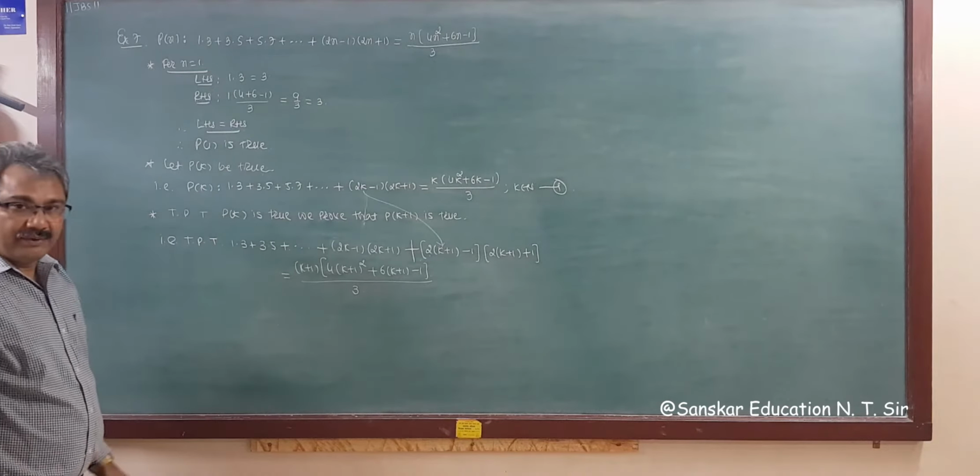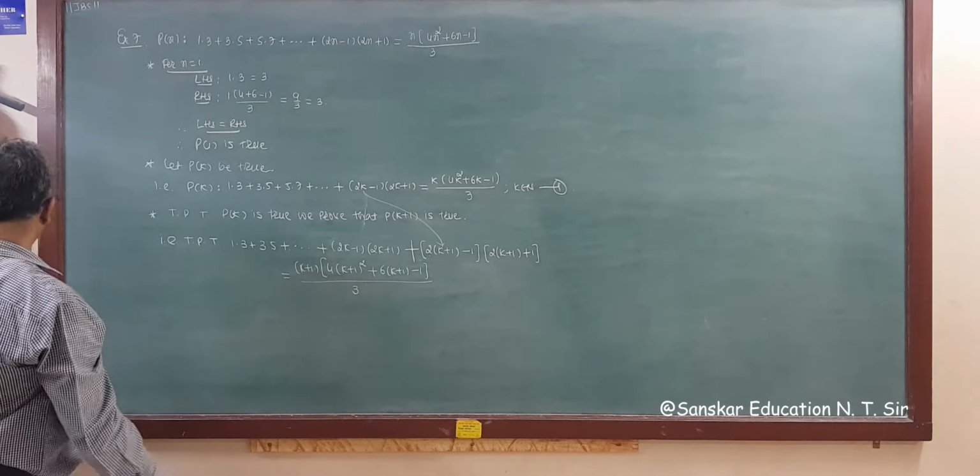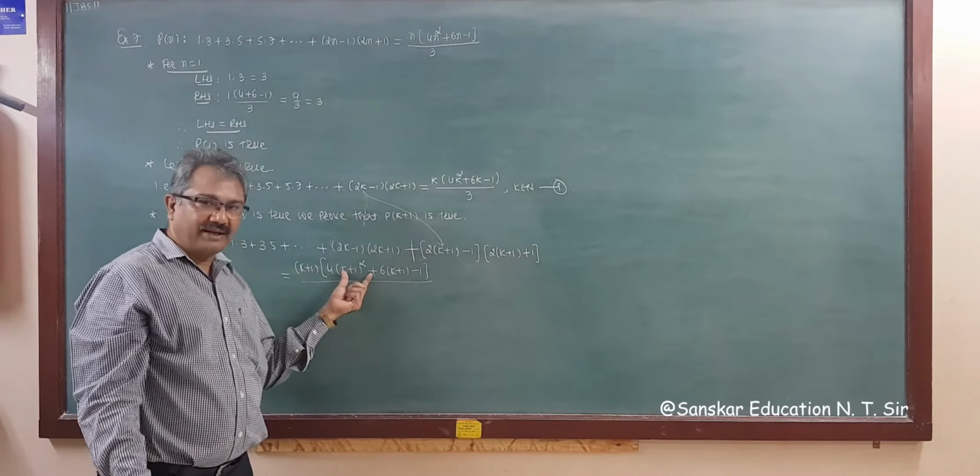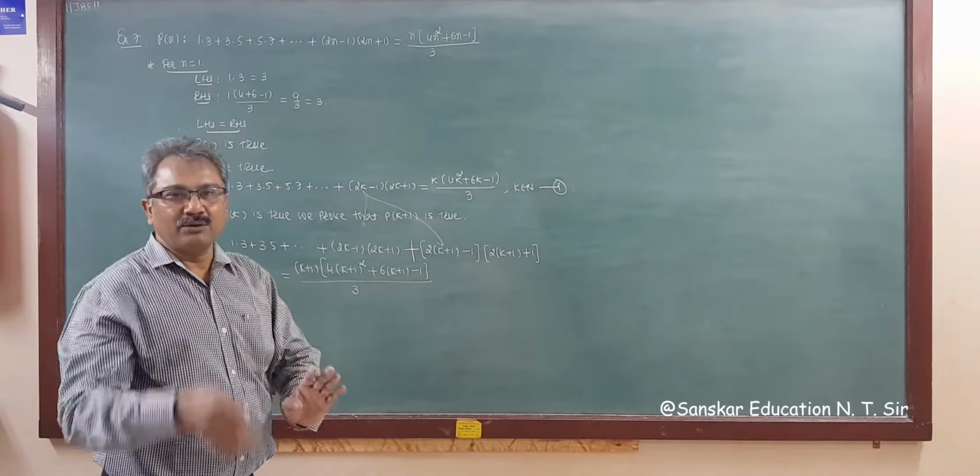Right, so here simplification is necessary because you don't know what to prove, that's why you have to simplify. If you know what to prove then no need to simplify.